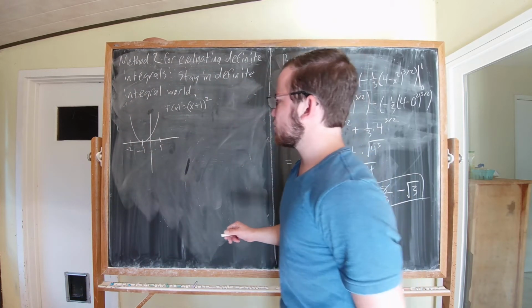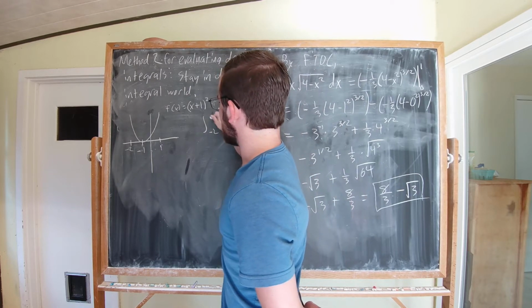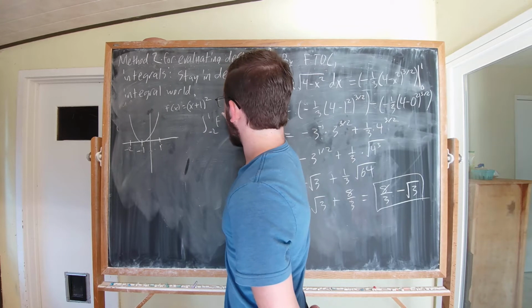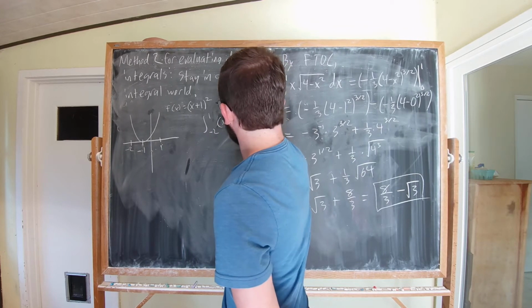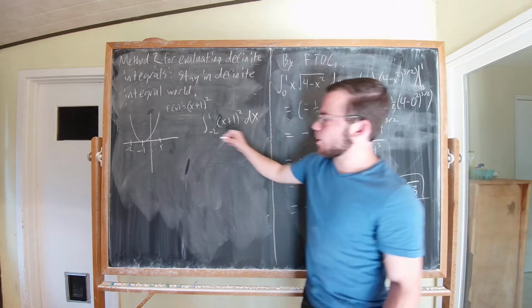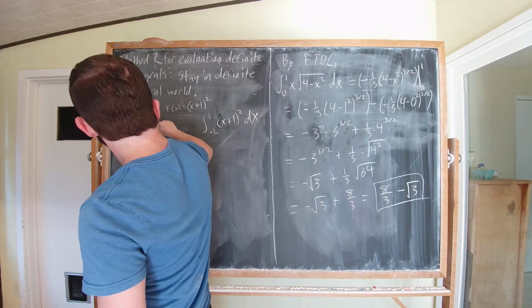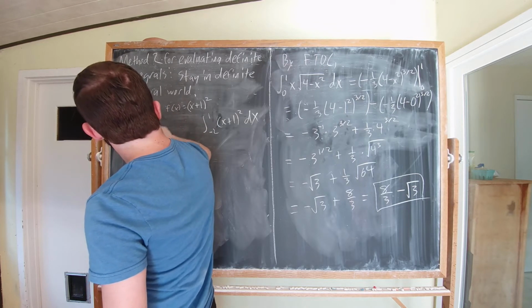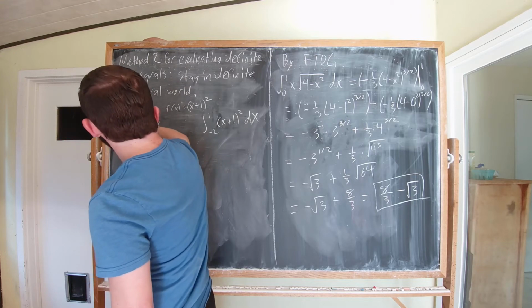So let's say we wanted to find the integral from -2 to 1 of x plus 1 squared dx. Then what we're really going for is this area here.